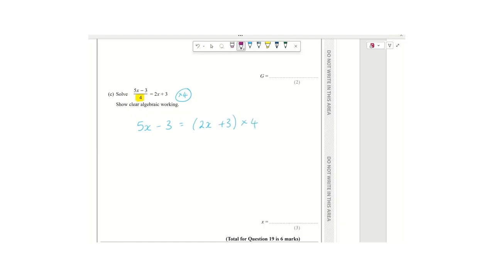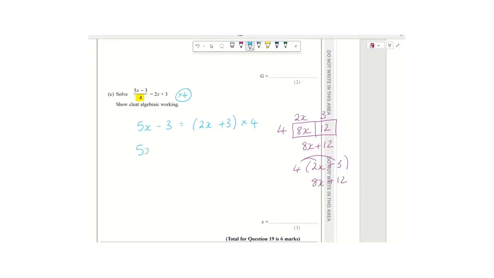So if I look at this right-hand side, we looked earlier in the paper at 2 ways of doing these. You can either do it with your grid, so 4 times 2x is 8x, 4 times 3 is 12, so I get 8x plus 12, or you can just do it with the eyebrows that way, and you still get your 8x plus 12.